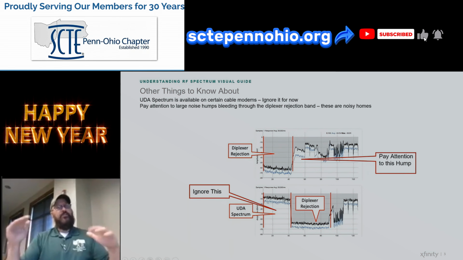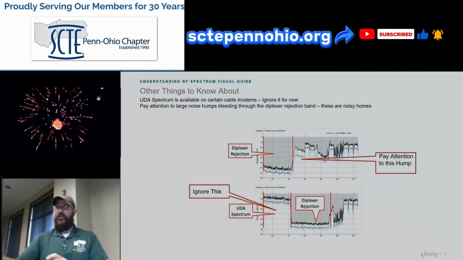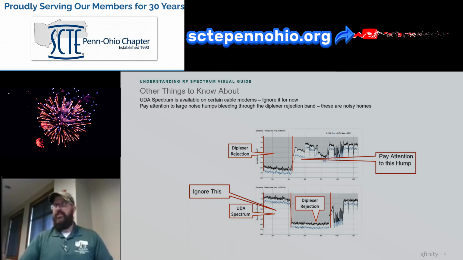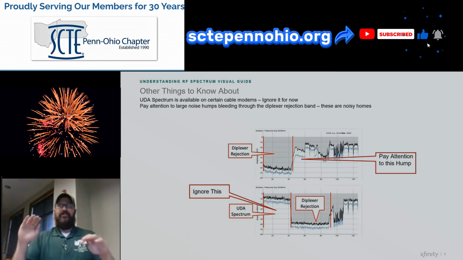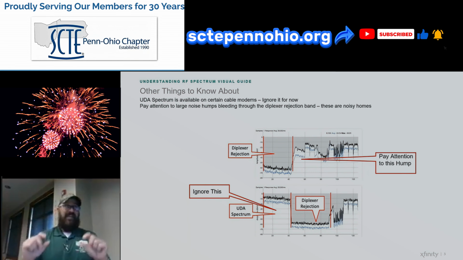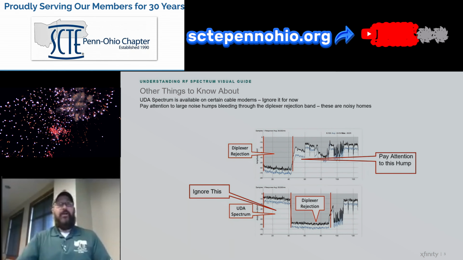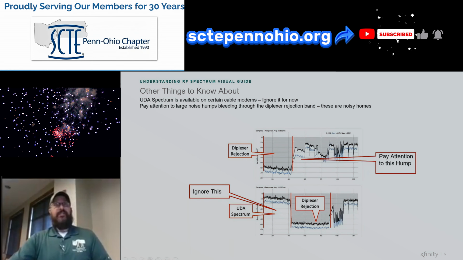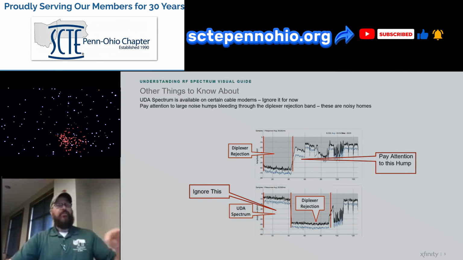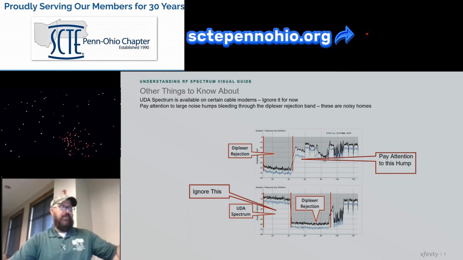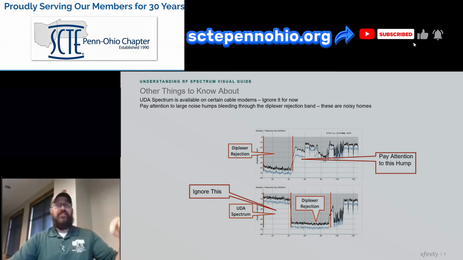Okay, so it's important to understand what devices you have deployed into your system, what chipsets they have, whether they're Intel or Broadcom or something else, because all of those chipsets behave a little differently, and we'll talk more about that. Now, on the top one, you can see that there is a diplexer rejection below 45 megahertz, so you can't see anything that's happening in that portion of the spectrum from this device.